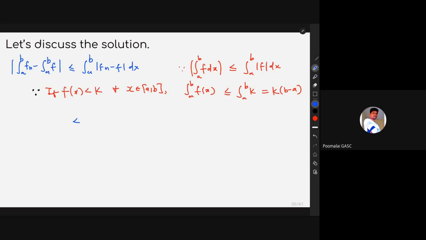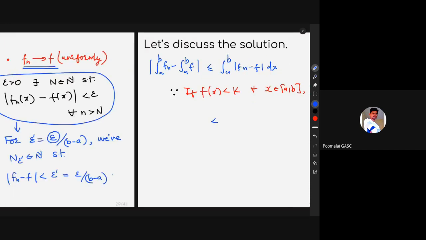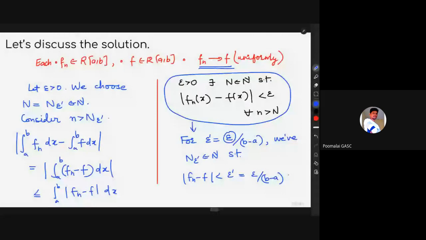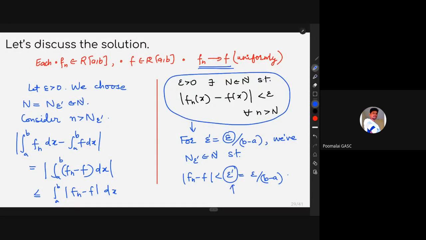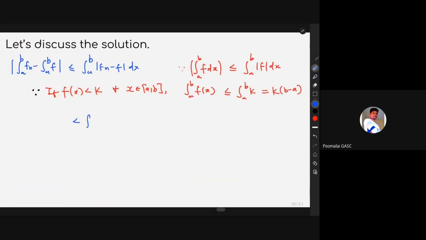Now what is the bound on the modulus of f_n minus f? The bound on |f_n - f| is epsilon prime. So it is epsilon prime dx, which is equal to epsilon prime times (b minus a), which is equal to epsilon by (b minus a) times (b minus a).